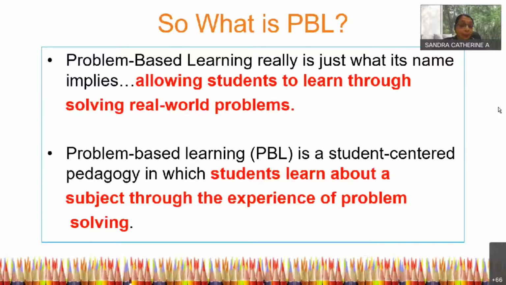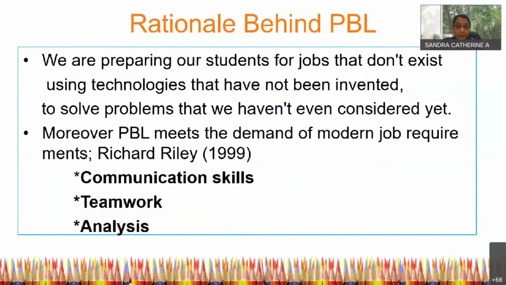So what is PBL? The definition of PBL is allowing the students to learn through solving real-world problems and also by experiencing problem-solving skills in the class. So the rationale behind problem-based learning is that we are preparing our students for jobs that don't exist for the time being.